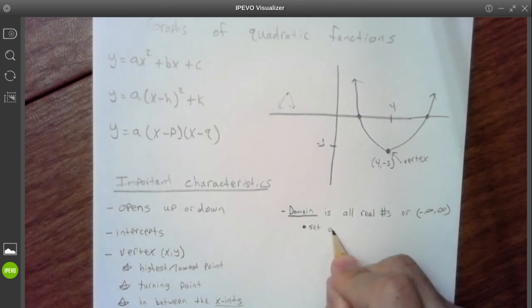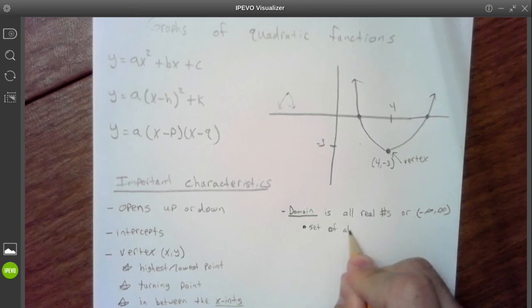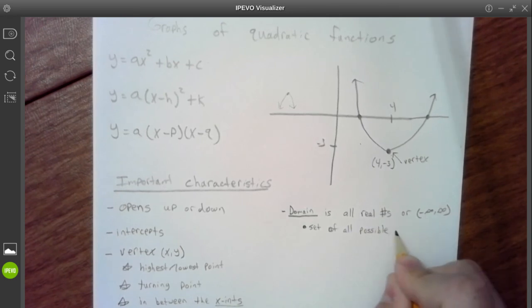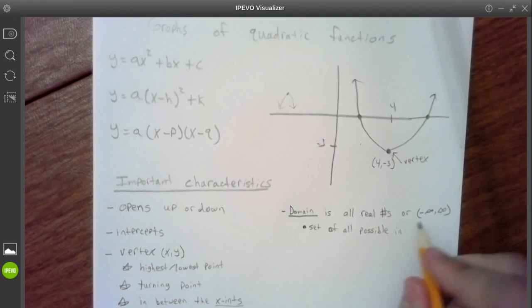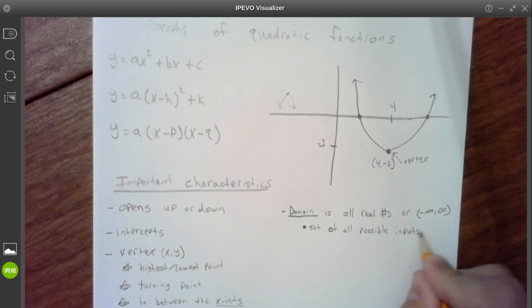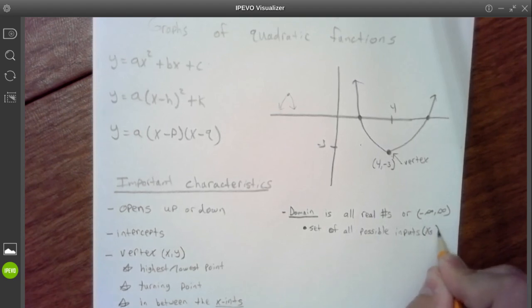The domain of a function is the set of all possible inputs, or its x values.